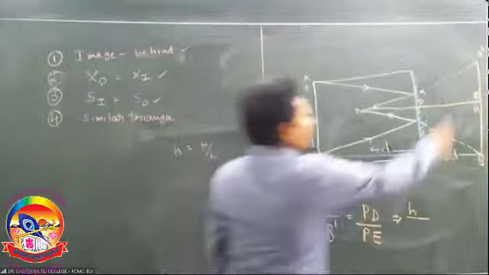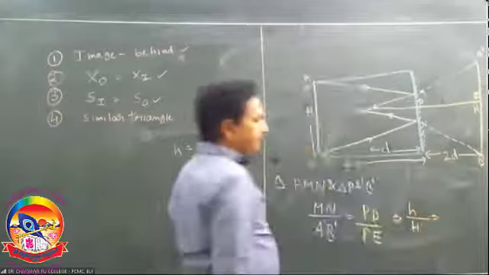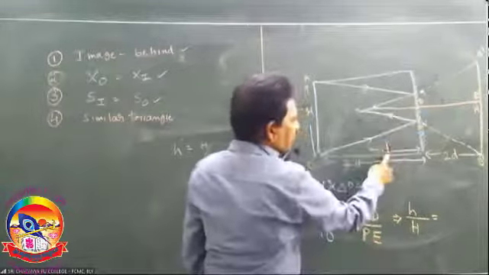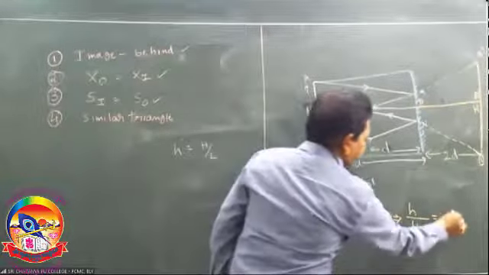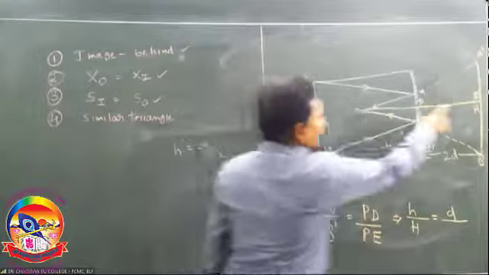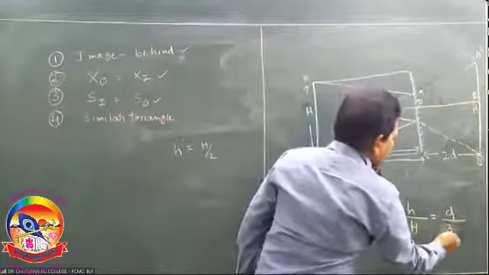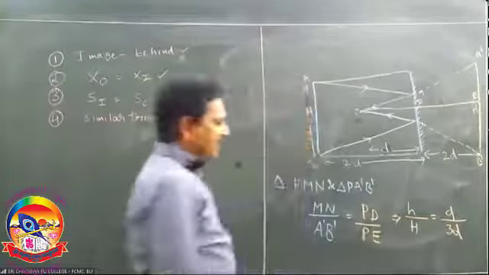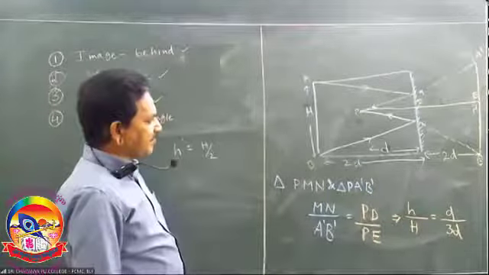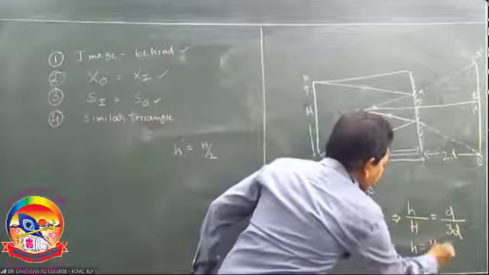A dash to B dash is H, equal to PD, which is small d, divided by PE. From here to here is d, here to here is 2d, d plus 2d is 3d. So d cancels, and small h is equal to H by 3.